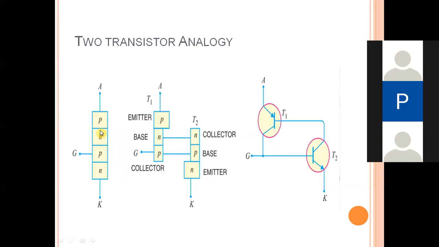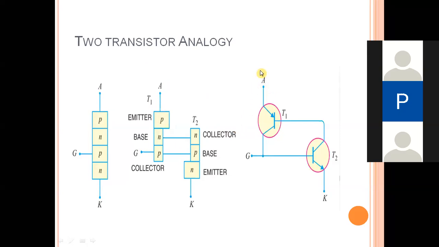That means when the inner two layers of the SCR are bisected vertically, you have a two transistor formation: a PNP transistor, which acts as transistor 1, and an NPN transistor, which acts as transistor 2. Okay. So the circuit representation for this will be like this.